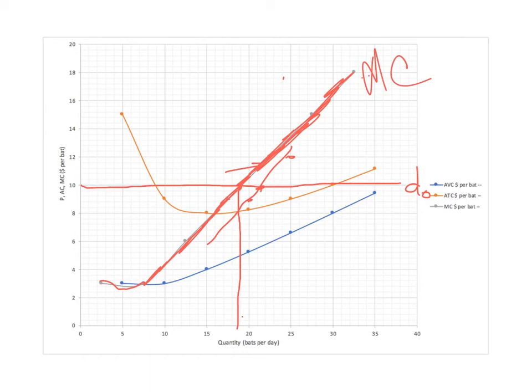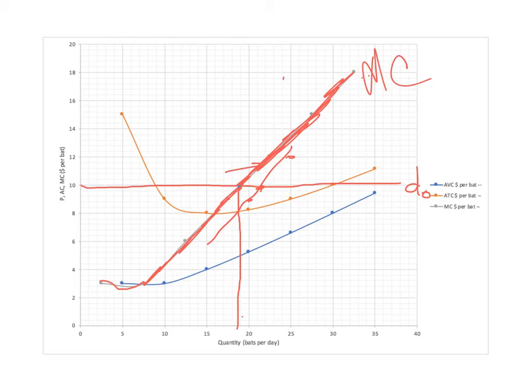The problem goes on. What would be the profit maximizing number of bats if the government imposed a tax of $10 a day on the company? The key here is to recognize that a tax of $10 a day would be an increase in the company's fixed costs, and that would reduce profits, but it wouldn't affect output. So let's just back up a little bit.